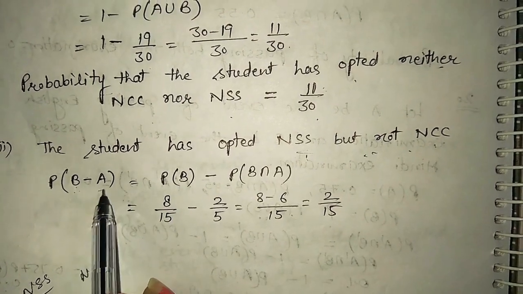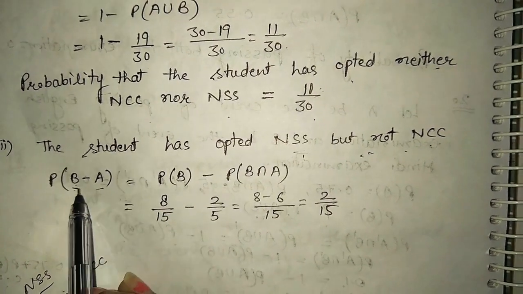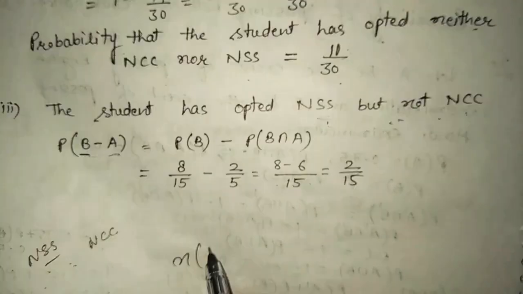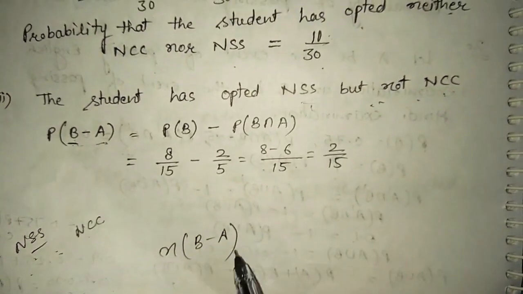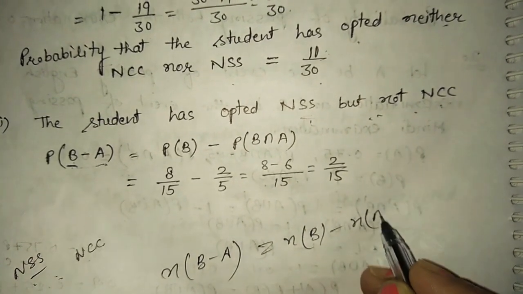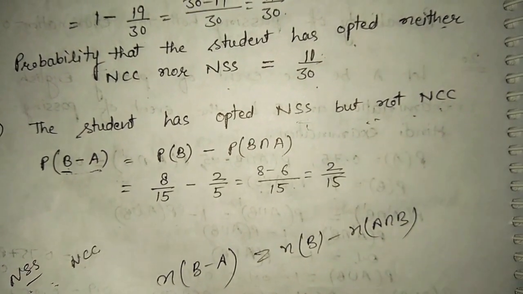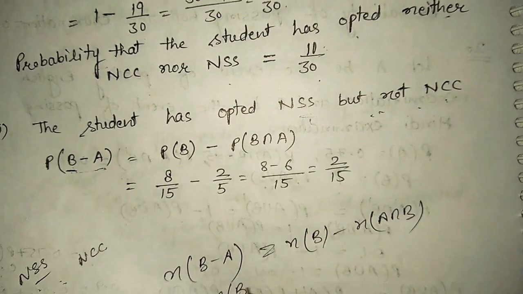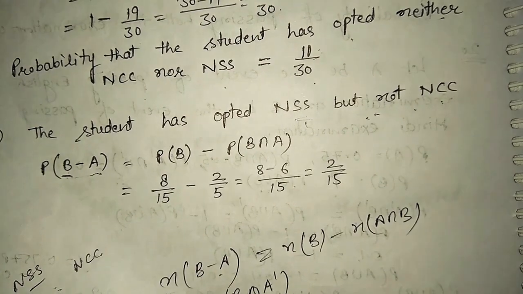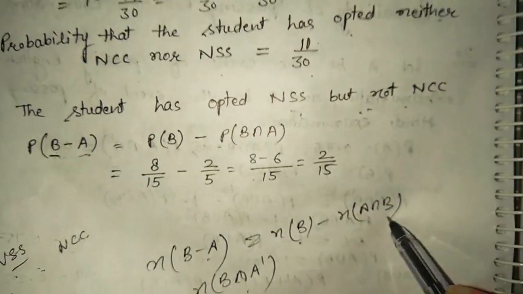We want to find out B minus A, meaning only NSS. So in sets we have done this formula: n(B minus A) is n(B) minus n(A intersection B), or B intersection A complement.